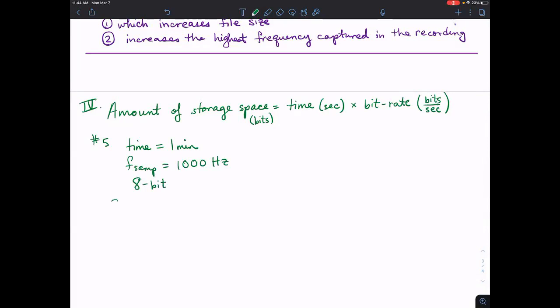So the storage space is equal to the time in seconds, 60 seconds, times the sampling frequency. Remember, this bit rate is the sampling frequency and then the number of bits per sample, or the bit resolution.